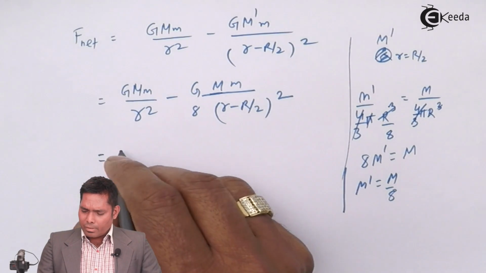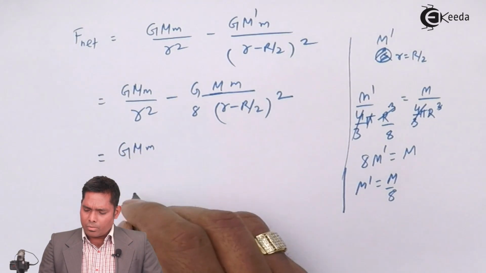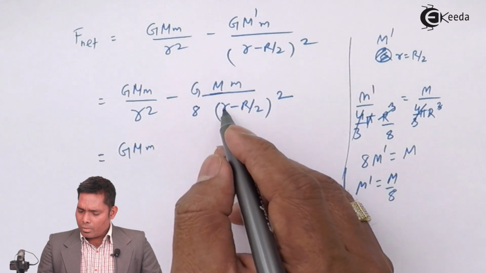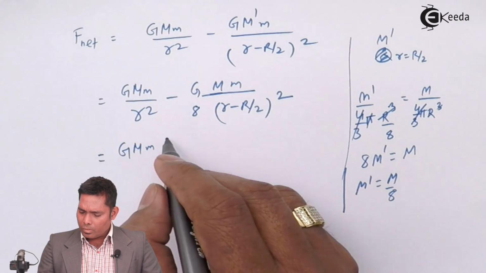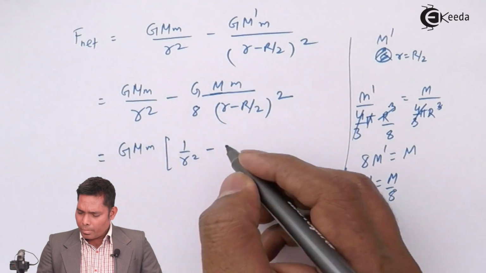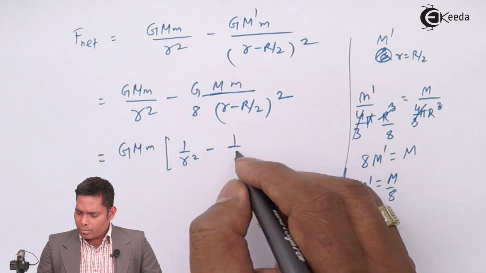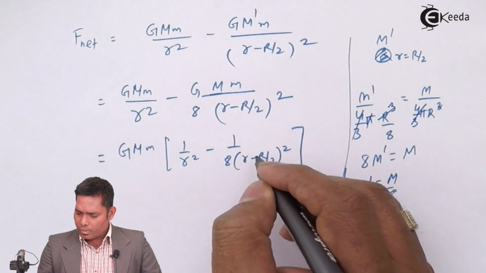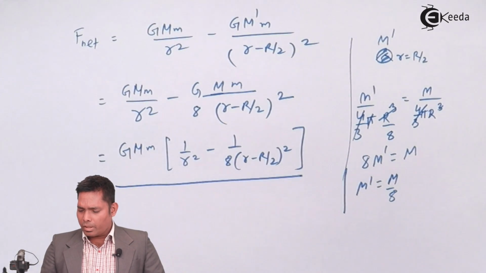Now if I solve that, I'll get GMm, taking common, 1 over r square minus 1 over 8 times r minus r by 2 the whole square. This is the net force that is acting.